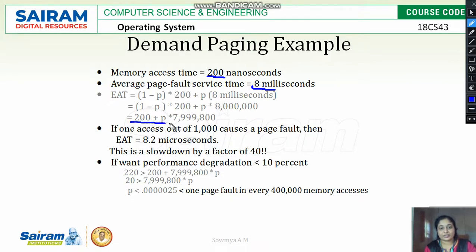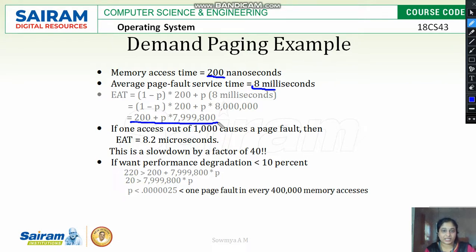So it is like 200 plus P into 7,999,800. So if one access out of 1000 causes a page fault, then effective access time is 8.2 microseconds.